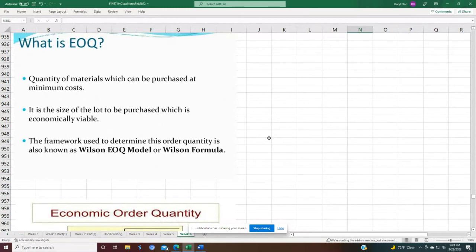You'll see it referred to also as the Wilson formula, because I guess that's the guy who went out there and did this.